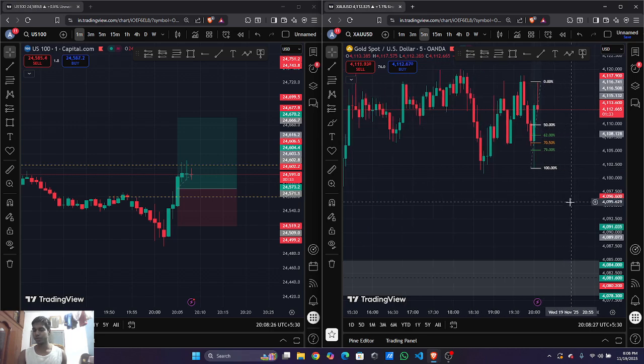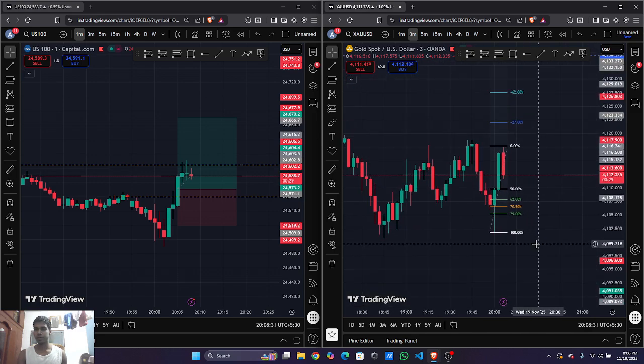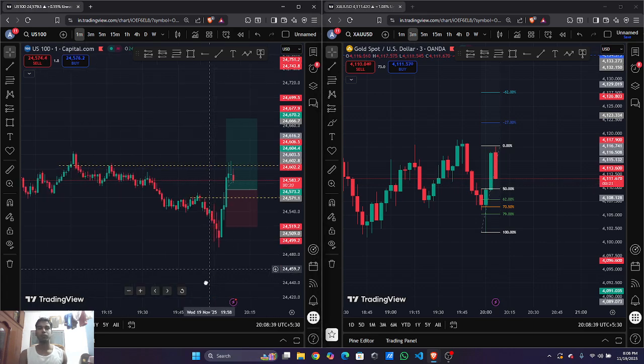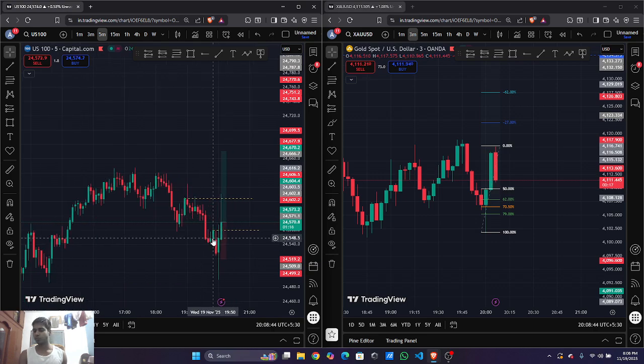Gold is giving the retracement we wanted. 3 minute. So if it gives a 3-minute break of structure, then I'll enter in gold. Doesn't look good.